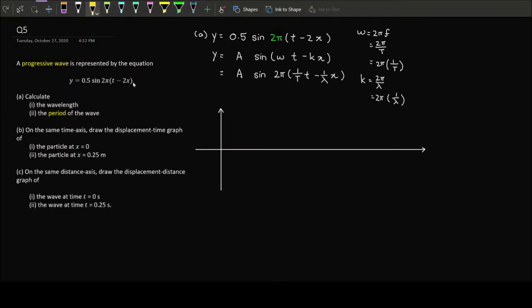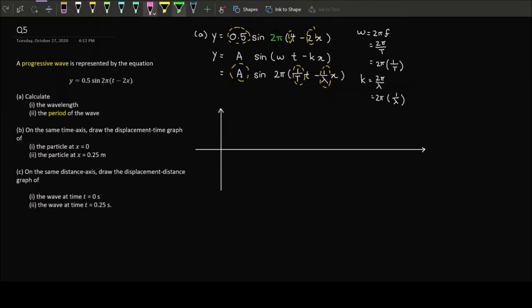So you can compare between 0.5 and A, and you can compare between this value in front here and 1 over T, and you can compare 2 and 1 over lambda x.